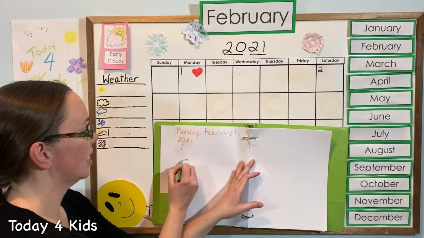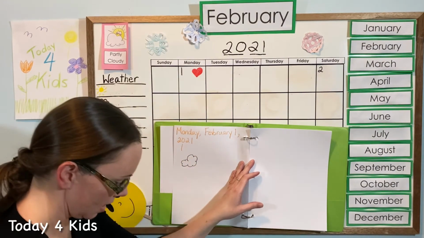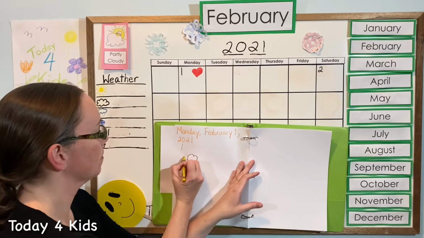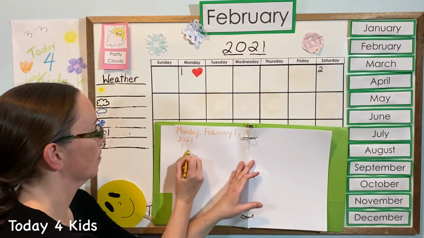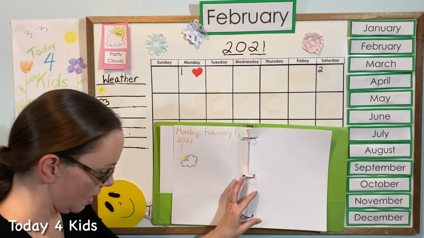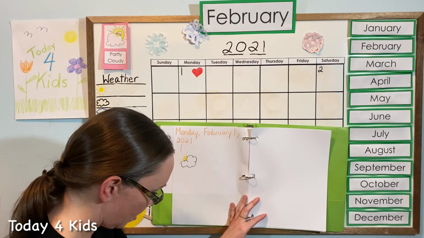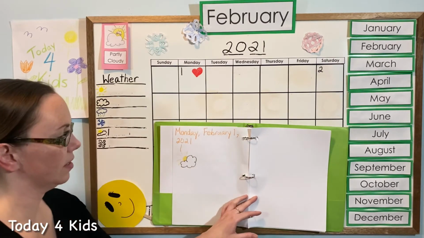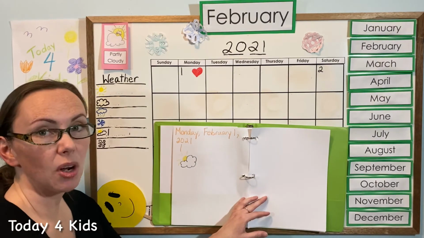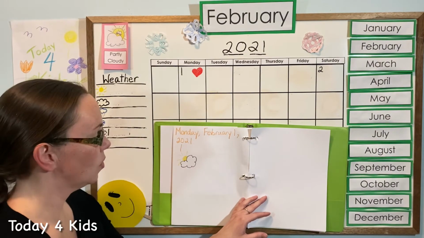So I've got a cloud and a sun. And today, I am going to go for a walk because it's partly sunny, partly cloudy. It's kind of nice out. It's not too cold.